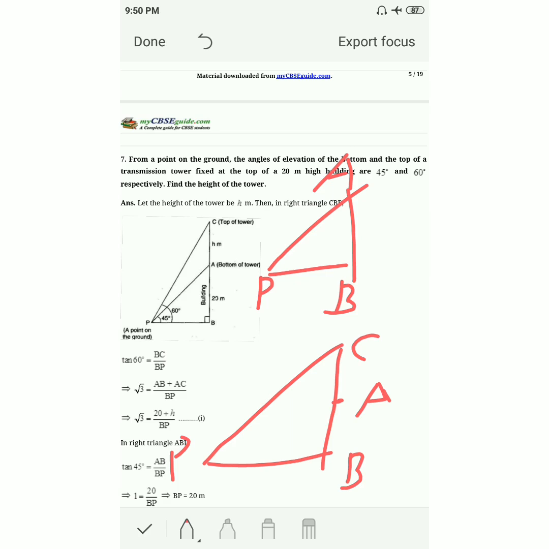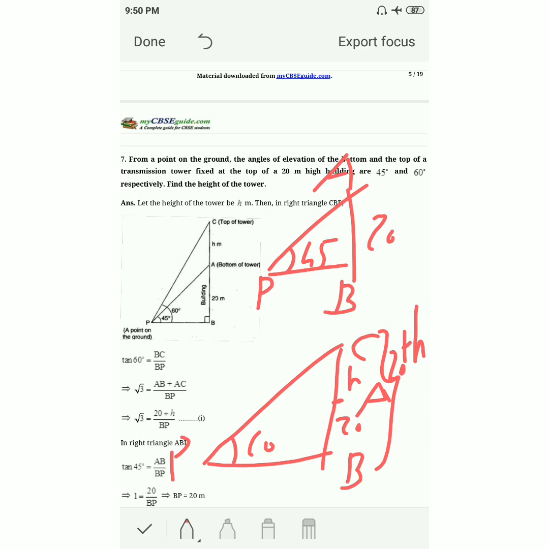Now here the angle 45, here 60 degree. Here 20 meter, here 20 and h, so totally 20 plus h, right? Now from triangle APB, we know one angle, we know one side. In triangle PBC, we know one angle, but we don't know any one side of the right angle triangle. 20 plus h, but we don't know the value of h.